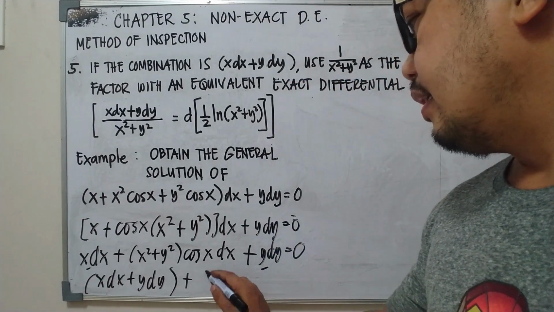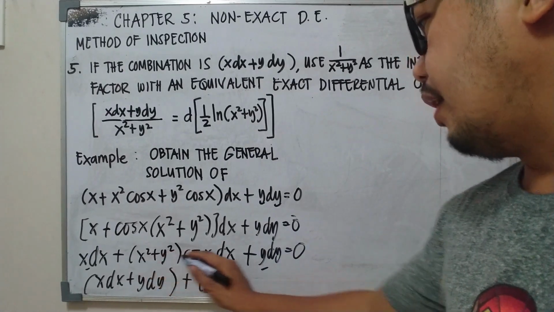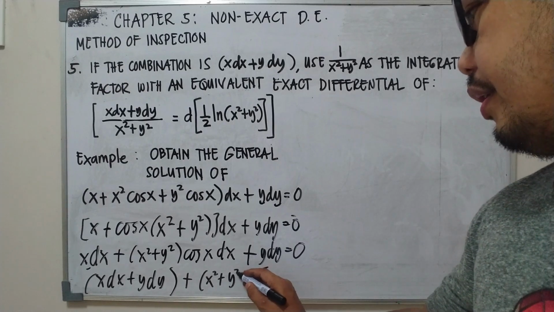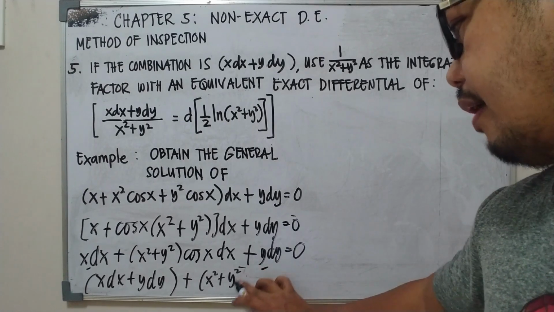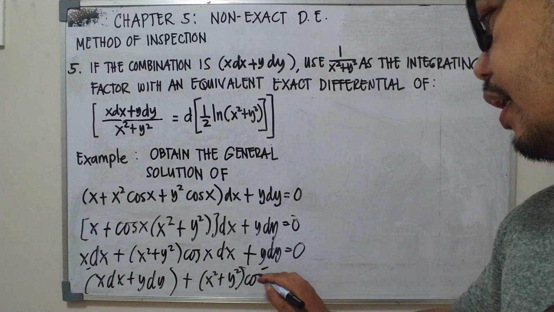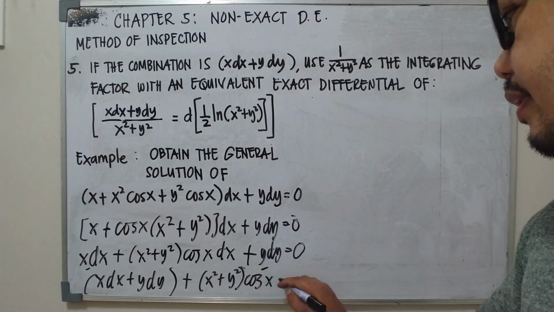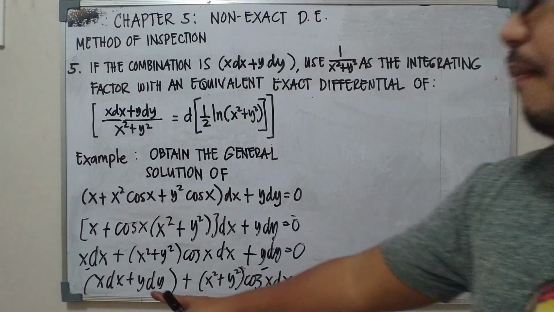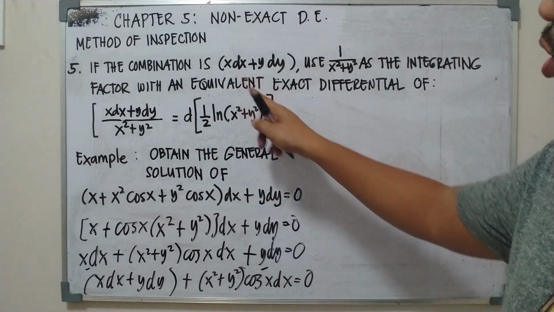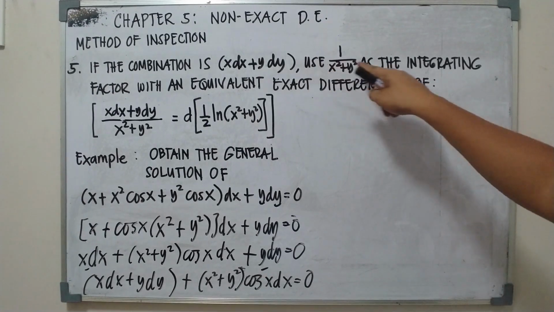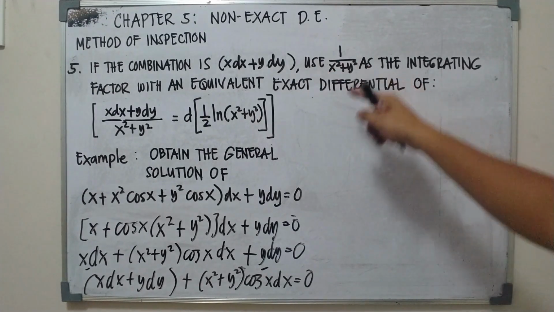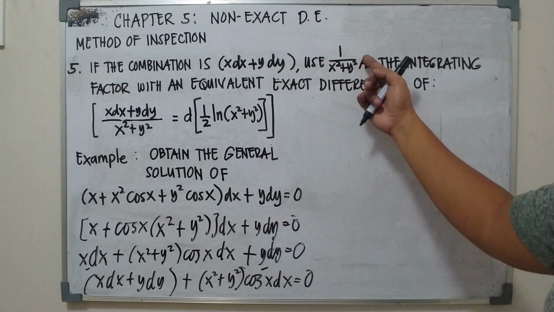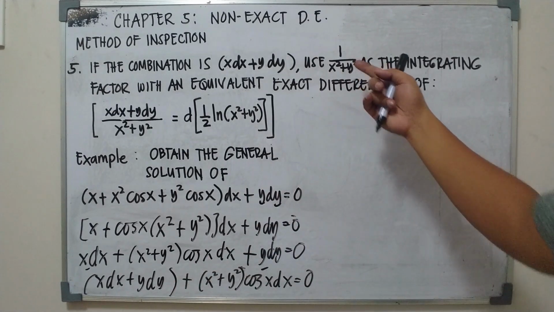So, plus x squared, copy mo na lang itong term na to, plus y squared, multiply this by cosine of x dx. And this is equals to 0. So, meron tayong combination, di ba? So, this combination, then we can use now this integrating factor. Mas madali. Bakit? Kasi meron kang x squared na pwede makancel out after you multiplied yung equation mo ng integrating factor.